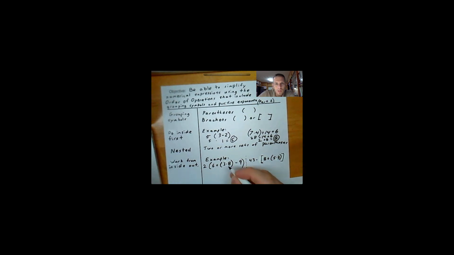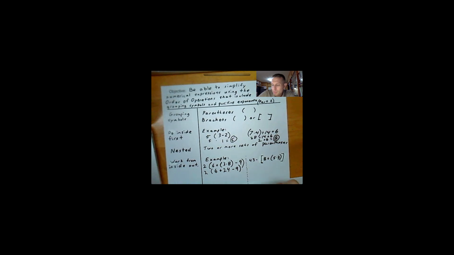The first thing we're going to do is the inner parentheses, 3 times 8 is 24. For the sake of clarity, I'm just going to bring everything down. Now that we've done inside these parentheses, we can just drop those. We've already performed that operation. We have minus 9. Now we need to do inside the next set of parentheses.